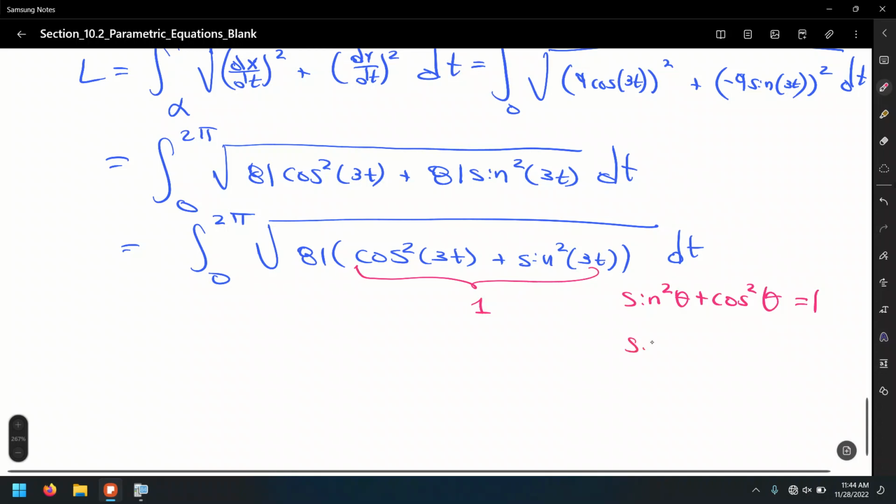It works for sine squared 3t the same way that it works for, let me make something crazy here, sine squared of e to the sine root of x plus cosine squared of e to the sine root of x equals 1. It doesn't matter what you have in the angle.